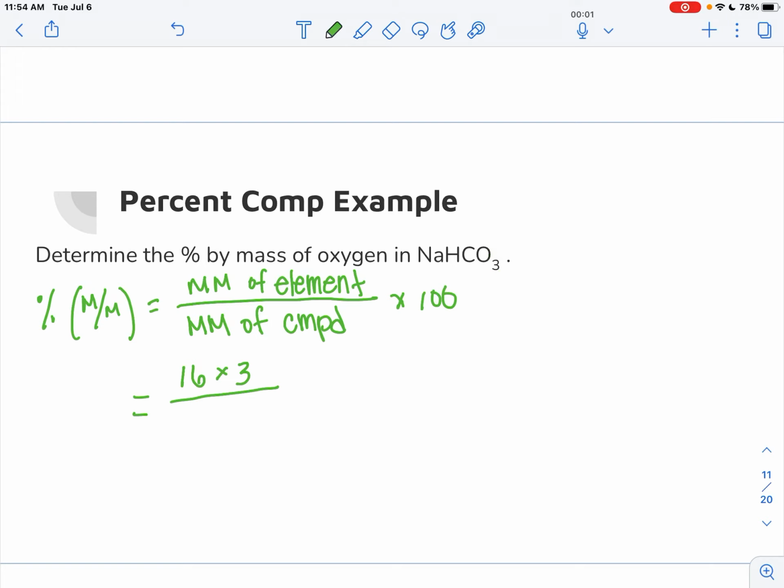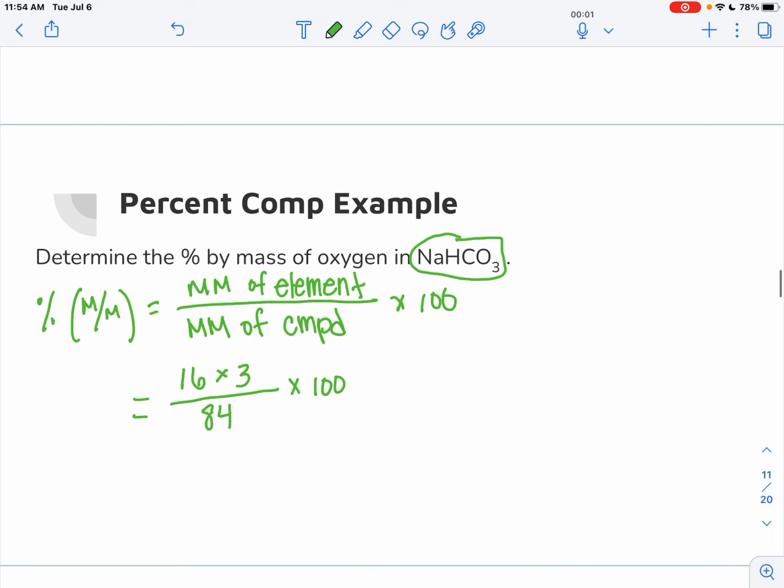So what I would do is take the molar mass of this entire compound, all of sodium bicarbonate, which is 84. And if you need a refresher on how to do that, please go back to the video and the notes from last week.